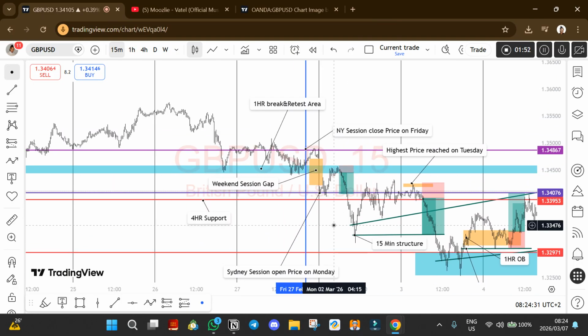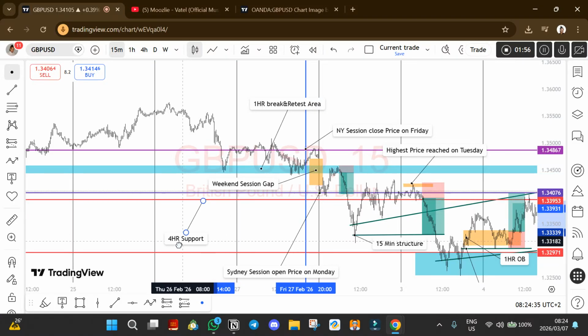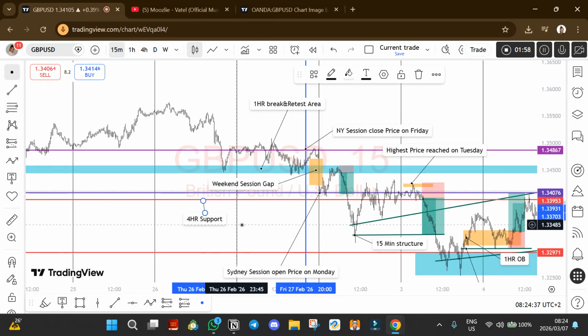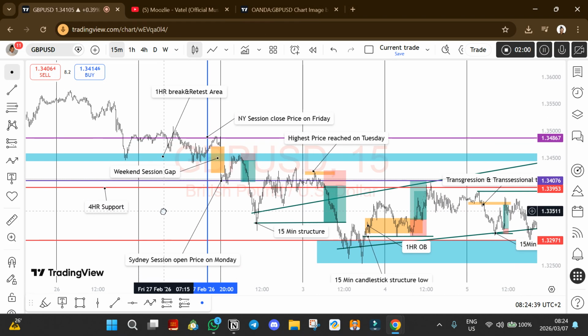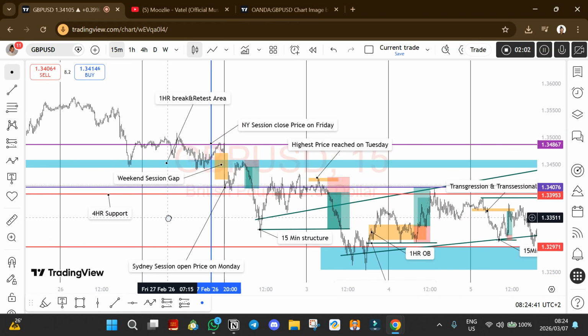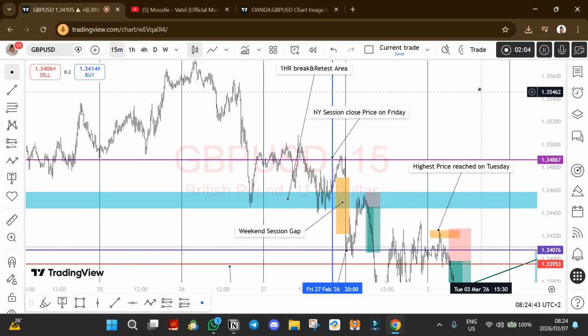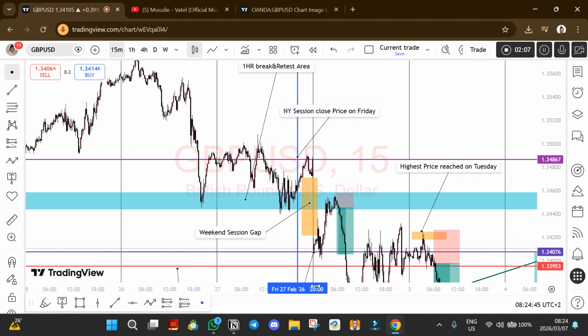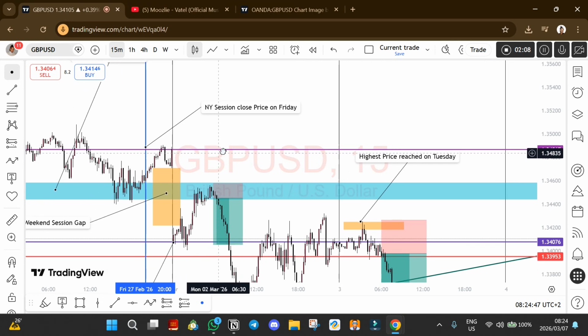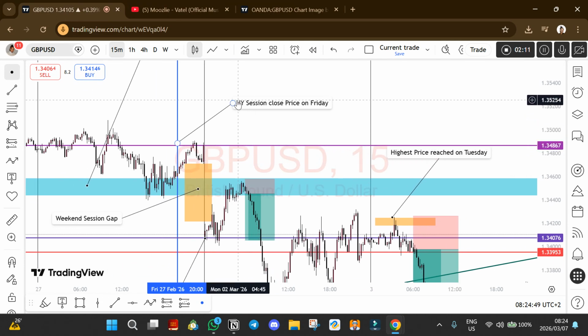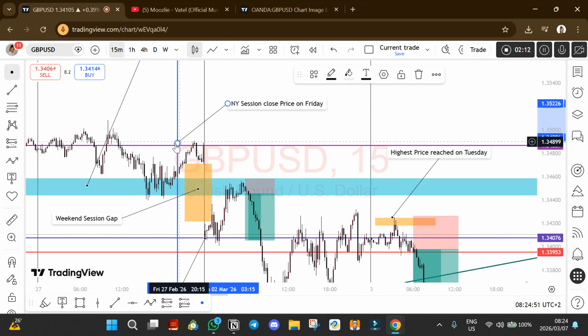Another thing that I noticed is that market was at this red area over here, which is the 4 hour support area, which then turned into a resistance area. We'll get to that in a moment. Upon session close, the past Friday, this is where the New York session closed.